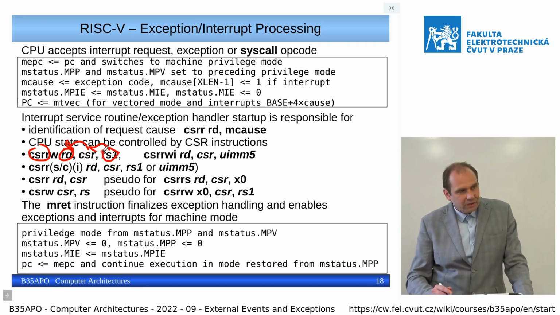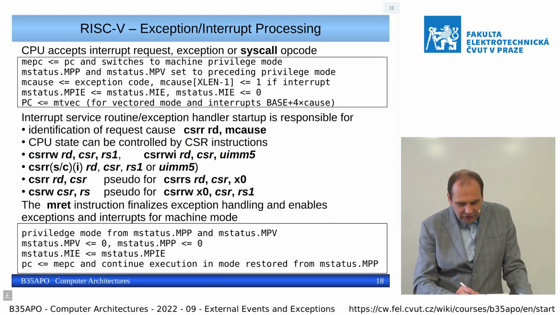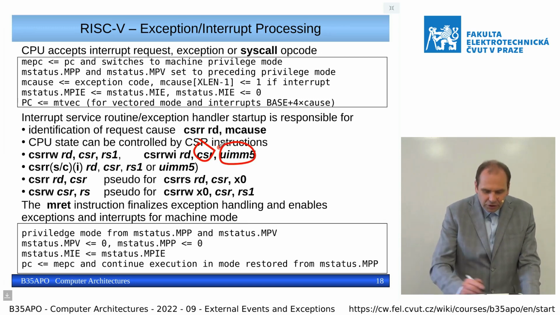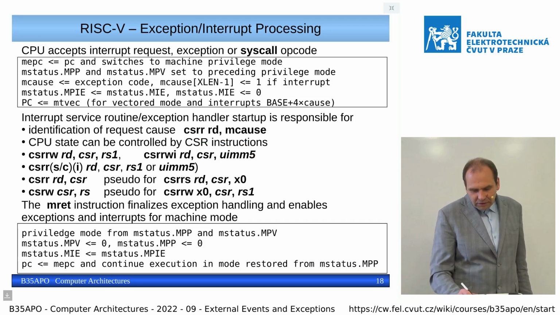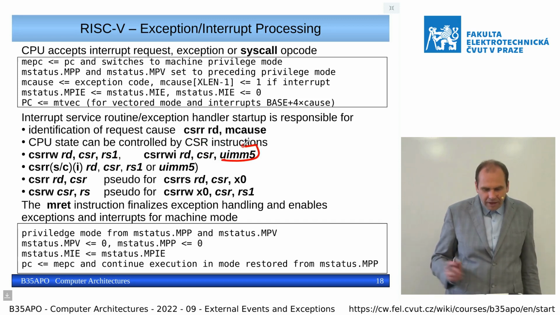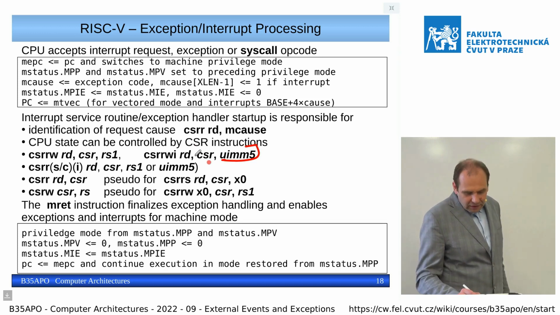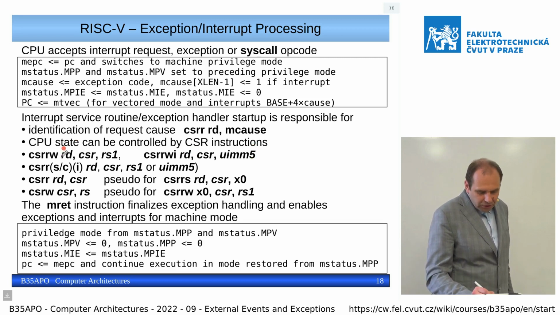We can even set an immediate value, but the immediate is only 5 bits, because we use the immediate field in place of the register, which normally represents RS1. So only the 5 least significant bits of the register can be set directly by a single instruction.